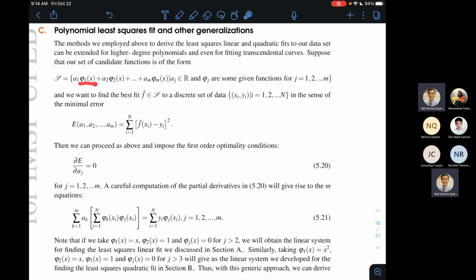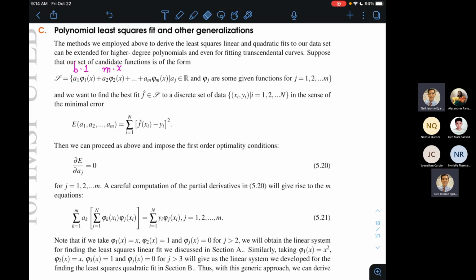A1 times this would be a constant, parang B yung ginamit natin sa linear fit. So it's a1 times psi1 is the constant one. And then a2 is your slope times psi2 was taken to be x. So ang unknown parameters natin doon ay si b at saka si m.